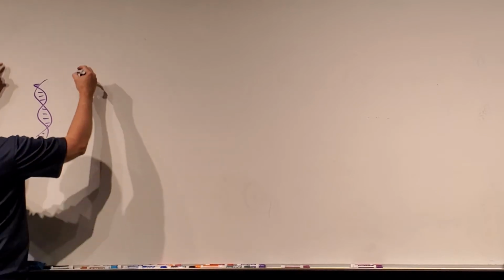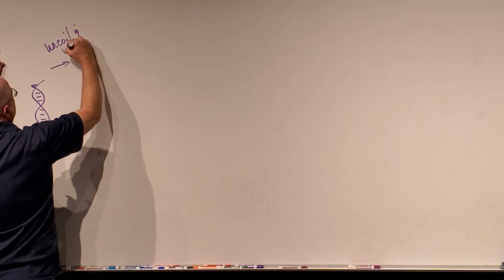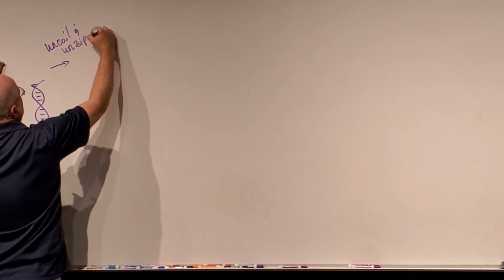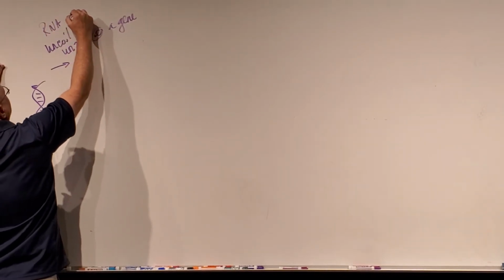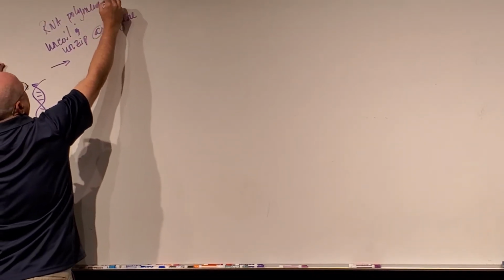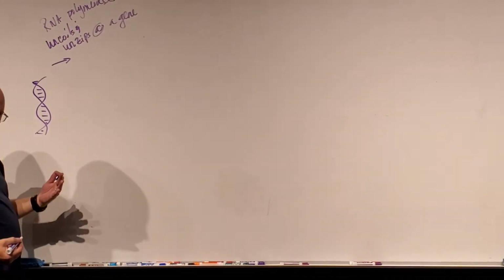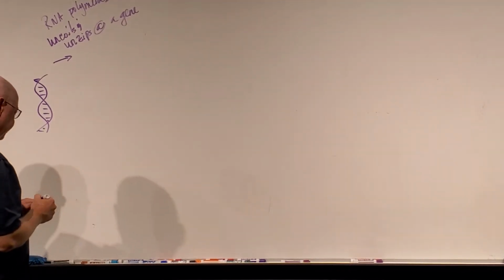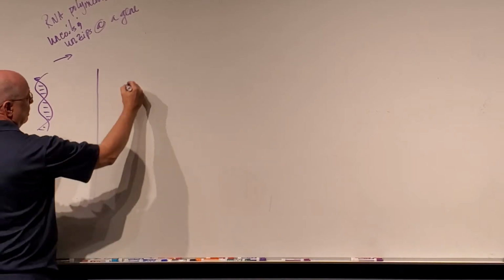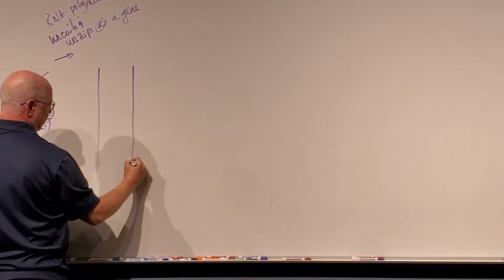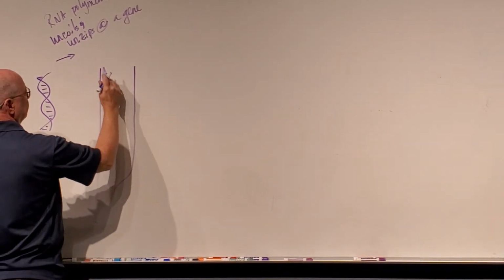Essentially what's going to happen is I'm going to uncoil and unzip at a gene. And RNA polymerase will do that. It uncoils and unzips a double-stranded DNA molecule at a specific gene. So as RNA polymerase binds, it's going to start reading one of the two strands, ATC. Let's do it this way.